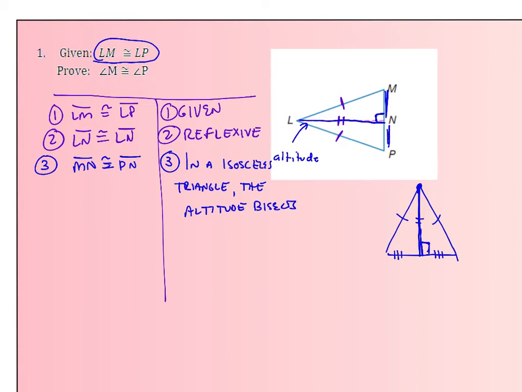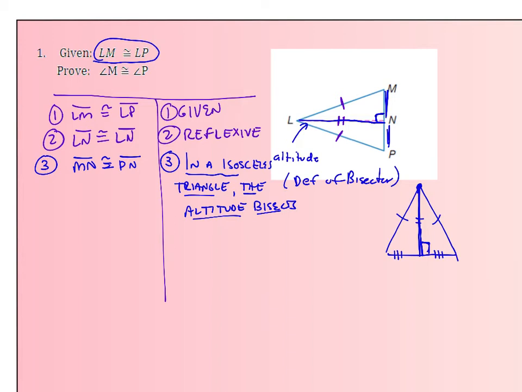This is kind of a longer explanation. If I wanted to shorten it up, I could just say definition of bisector.